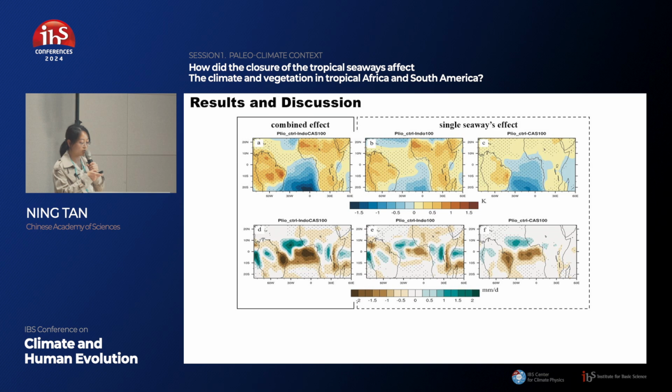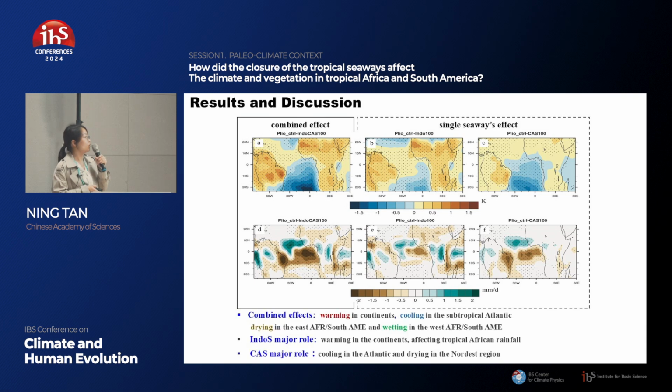So here are the results. These are the responses of the temperature and precipitation to the change of the tropical seaways. These columns are the combined effect. For the temperature, we can see warming in the two tropical continents and cooling in the subtropical Atlantic. And for the rainfall, the combined effect leads to drying in East Africa and East South America, and wetting in the west regions of these two continents.